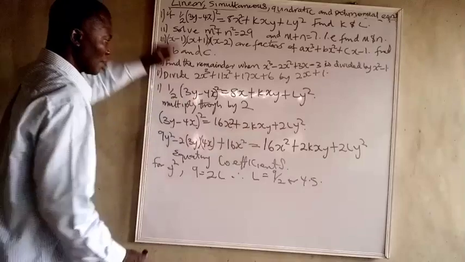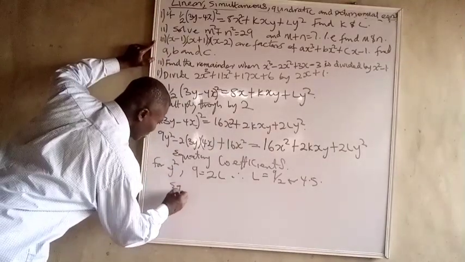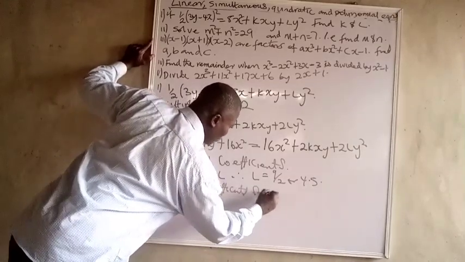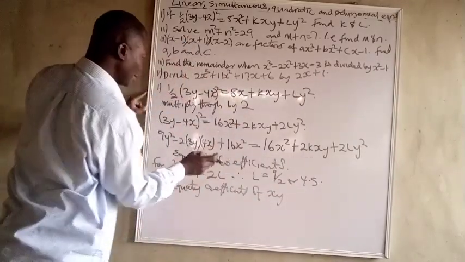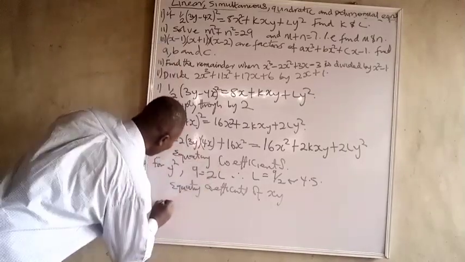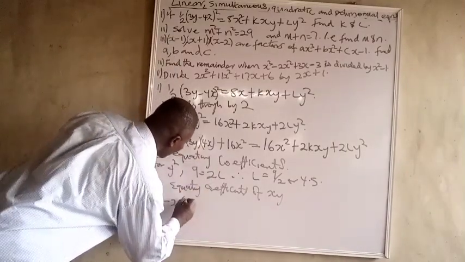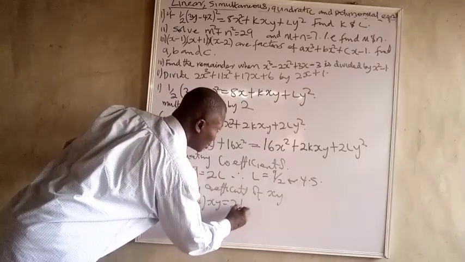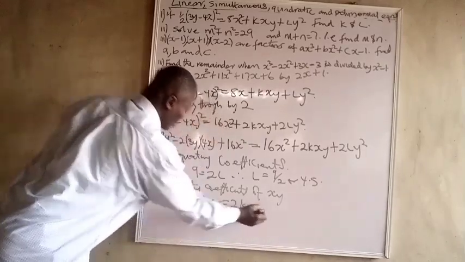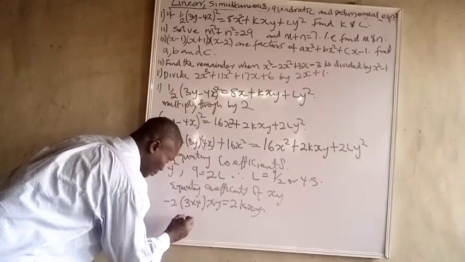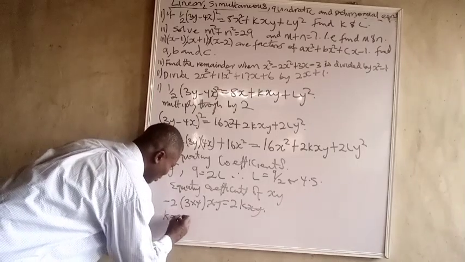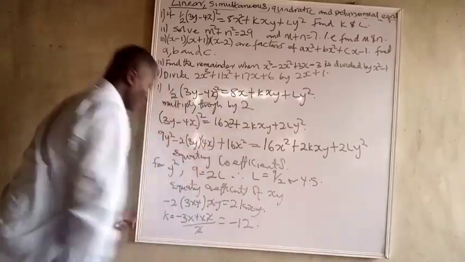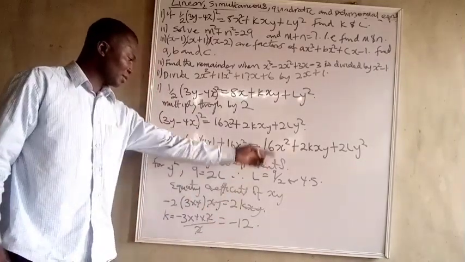Now, equating coefficients of xy, this one and this one, we have minus 2 into 3 times 4xy is equal to 2kxy, which means that k is equal to minus 3 times 4 times 2 over 2, which is minus 12. So our k is minus 12 and our l is 4.5.